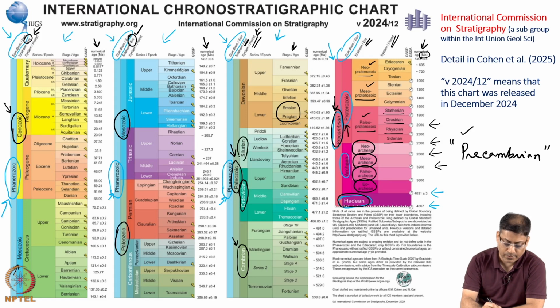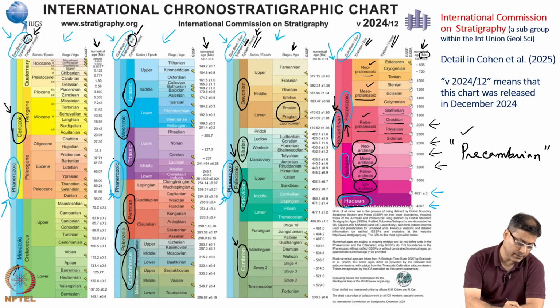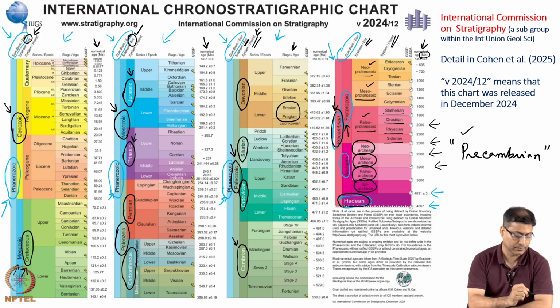Then comes Silurian, Devonian, Carboniferous, Permian, and when we divide the Mesozoic into several periods, the bottommost or the oldest one is the Triassic, then comes Jurassic, and then comes the Cretaceous.